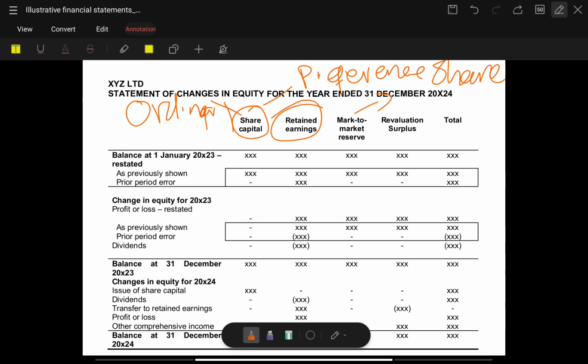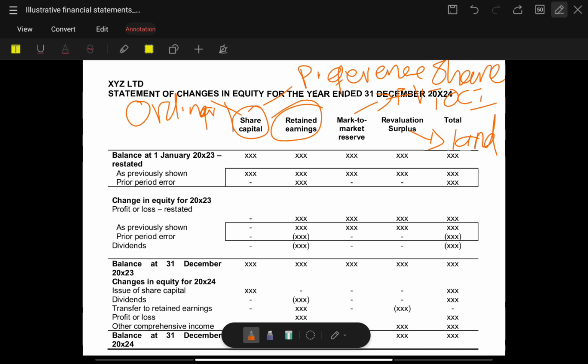For the mark-to-market reserve account, we are talking about those financial assets that are measured at fair value through OCI. For second year, we only deal with fair value through OCI. You have the revaluation surplus. The revaluation surplus is always for land, and in the previous video on the statement of comprehensive income, I explained the revaluation surplus. I hope it makes sense if I explain it this way, guys. So it's share capital, retained earnings, mark-to-market reserve account, revaluation surplus, and total.